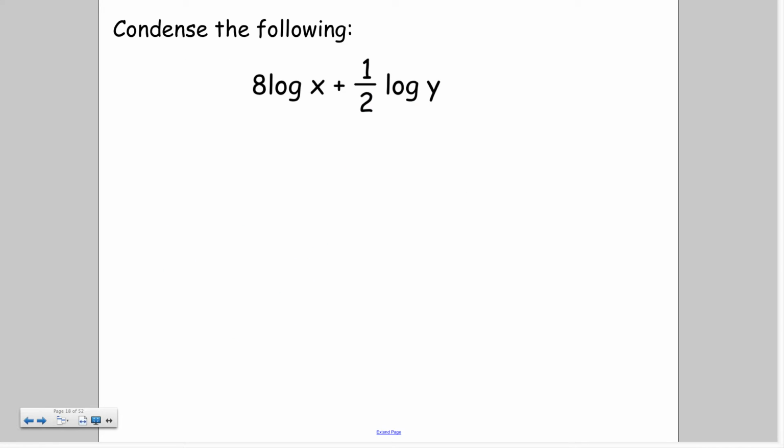All right, the next one. All right, so again, we're adding. So that means we're going to multiply. And the more you work with this, the more you will be able to memorize those operations. But then we have some exponents going on here because we have numbers out front.